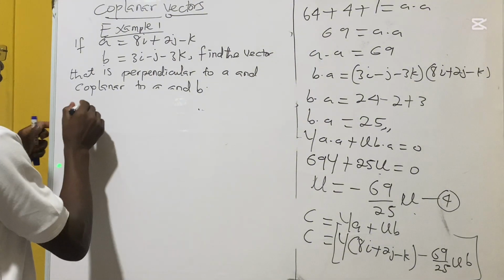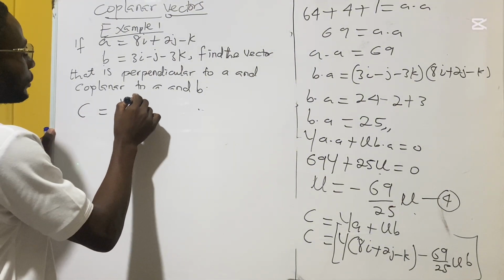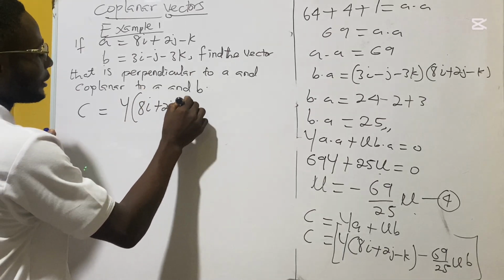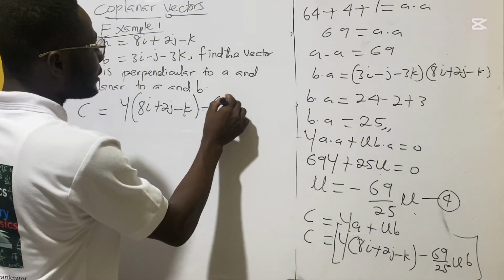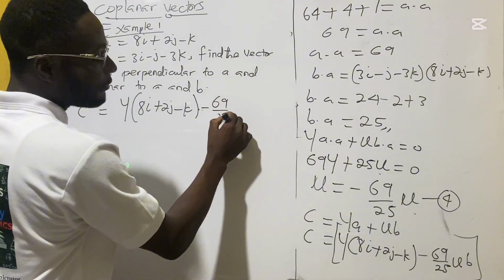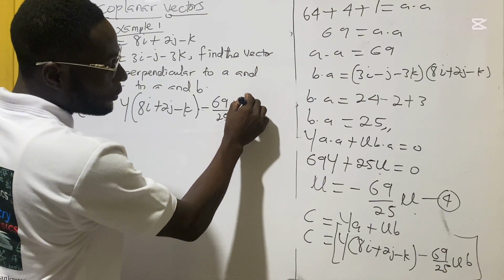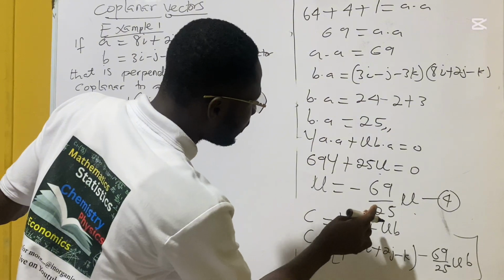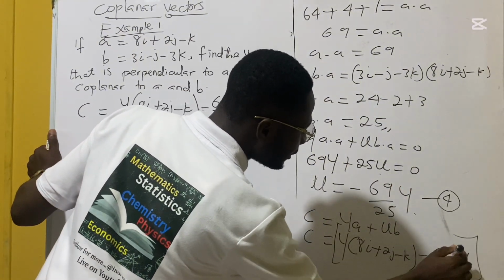So we have C equals gamma into 8i plus 2j minus k, minus 69 over 25 gamma times B. Oh, this is gamma.